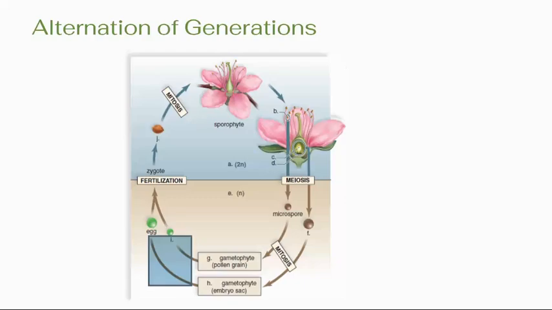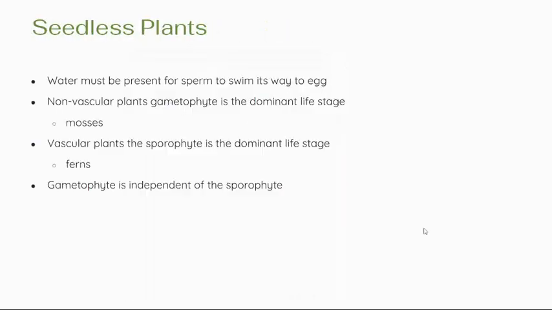So for seedless plants like mosses, the gametophyte is dominant. For vascular plants like ferns, the sporophyte stage is dominant, but gametophytes can still live independently, perfectly fine. Now you may have the question, what does it mean to be gametophyte dominant or sporophyte dominant?